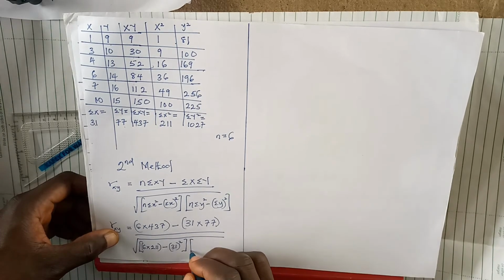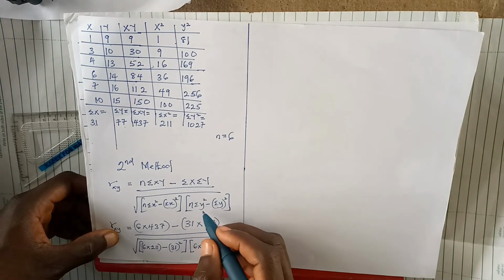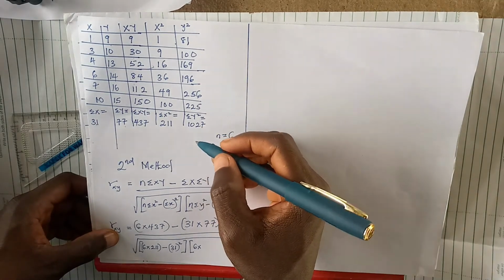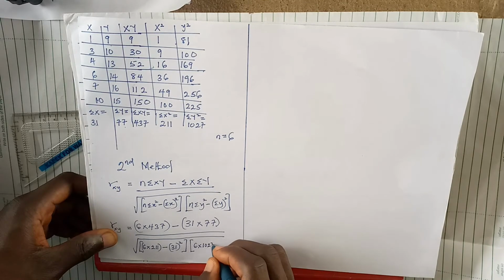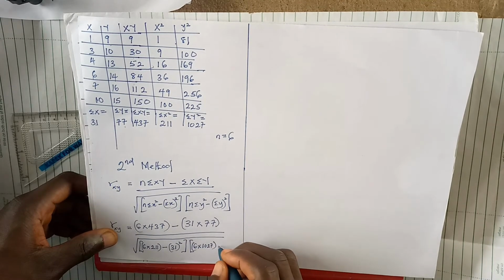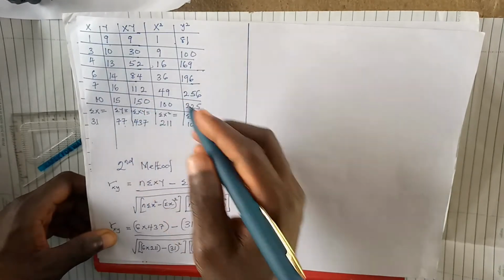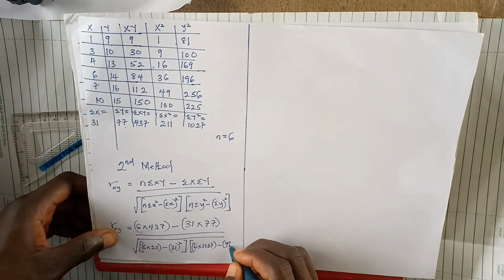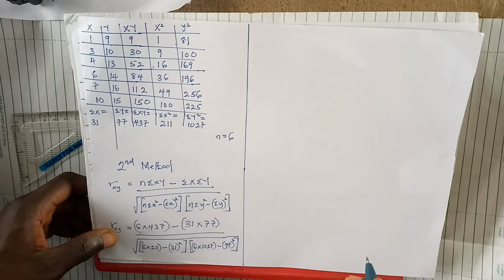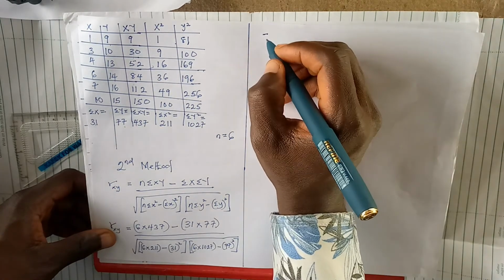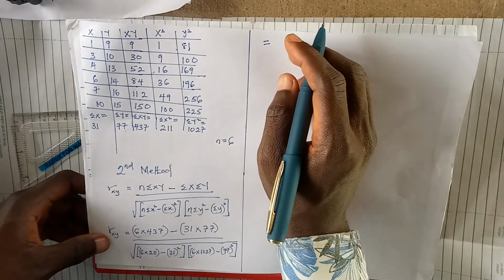Then open another bracket, n, which is 6, multiplied by summation y squared. Summation y squared is 1027, so 1027 minus summation y squared, and our summation y is 77. Therefore, put this 77 squared, close bracket. All right, this will lead us to the next step here.